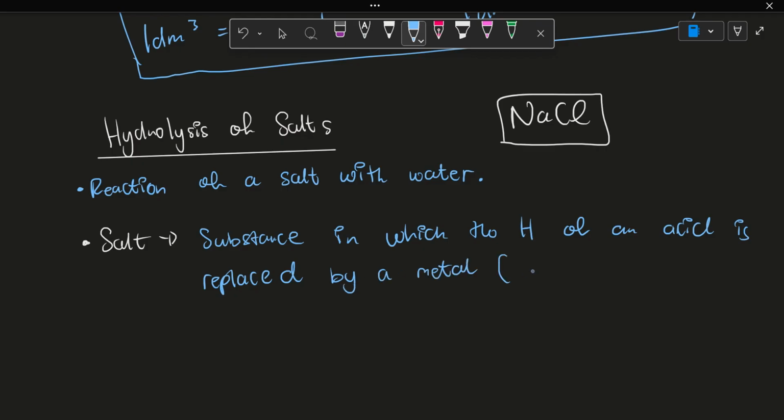So those metals could be your group 1 metals or group 2 or other metals in the periodic table, right?